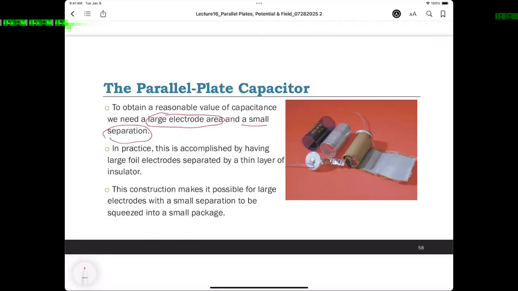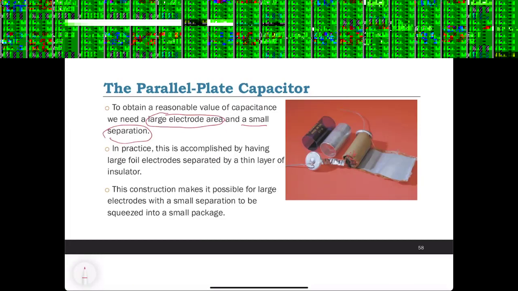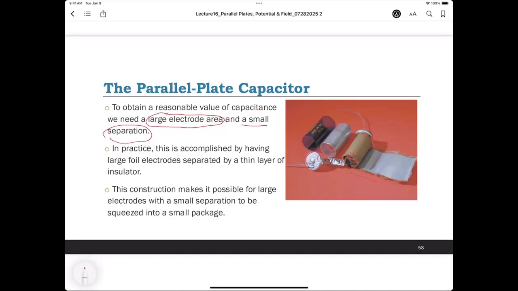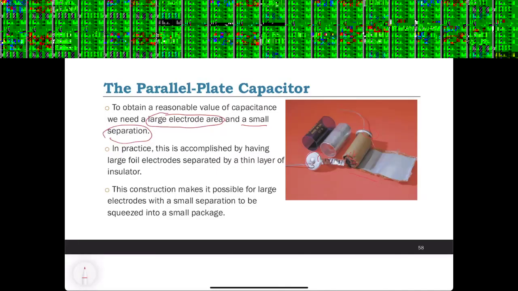You can see here some thin layers of isolator, and these are the large foil electrodes. This construction makes it possible for large electrodes with a small separation to be squeezed into a small package.